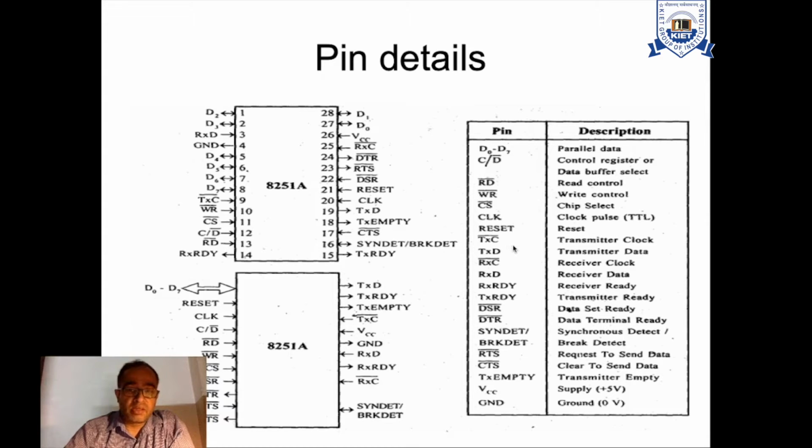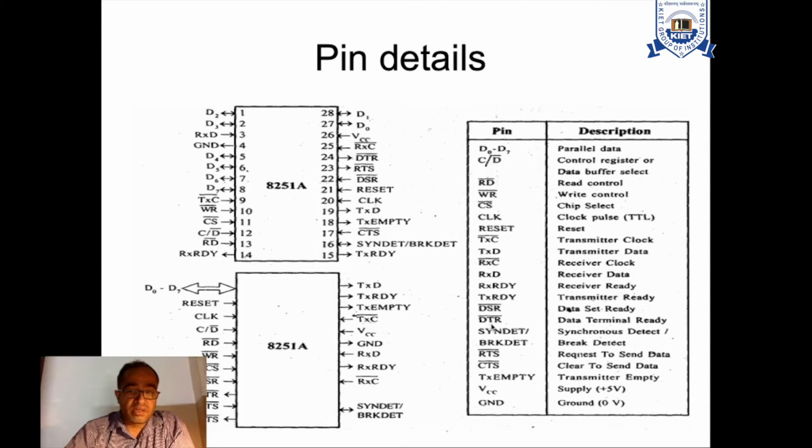TXC bar is transmitter clock. TXD is transmitter data. RXC bar is receiver clock. RXD is receiver data. RXRDY is receiver ready. TXRDY is transmission ready. DSR bar is data set ready.